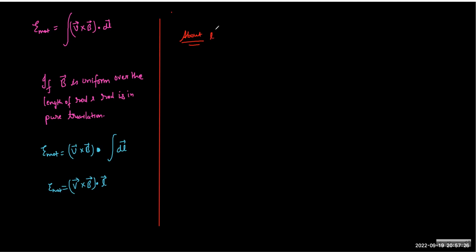So about L vector, imagine if you have a rod of some random shape, but one thing is clear that it is translating, and moving in this direction. So what does L represent?